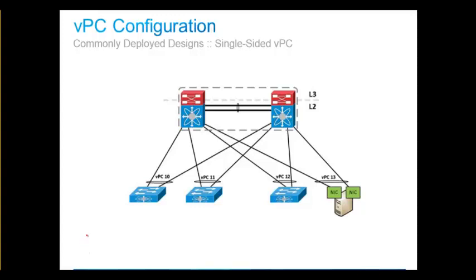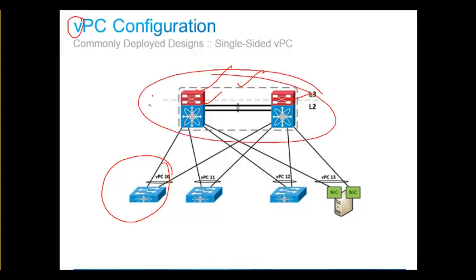How can vPC do this magic? By virtualizing these two physical devices. It takes these two physical devices and forms a virtual device, so that according to the downstream switch, it won't be seen as two separate switches; these two will be seen as a single switch.